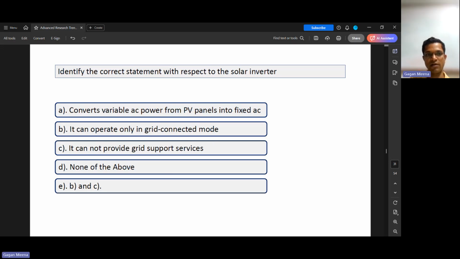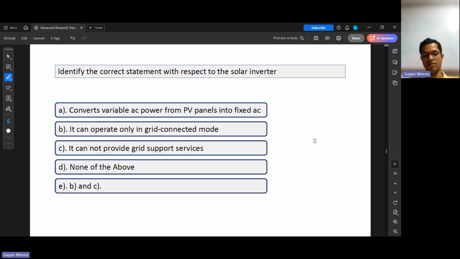The next question is to identify the correct statement with respect to the solar energy inverter. First, it converts the variable AC power from the PV panel into fixed AC.